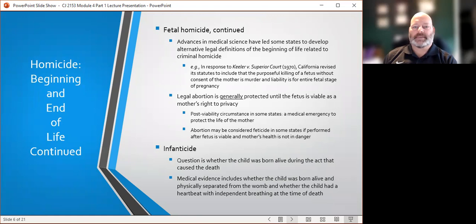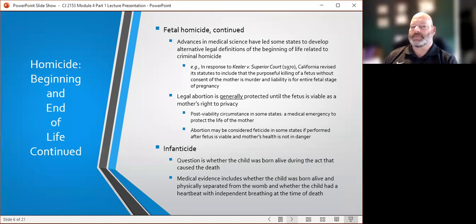Advances in medical science have led some states to develop alternative legal definitions of the beginning of life related to criminal homicide. For example, in Keeler versus Superior Court in 1970, California revised its statutes to include that the purposeful killing of a fetus without consent of the mother is murder, and liability is for the entire fetal stage of pregnancy.